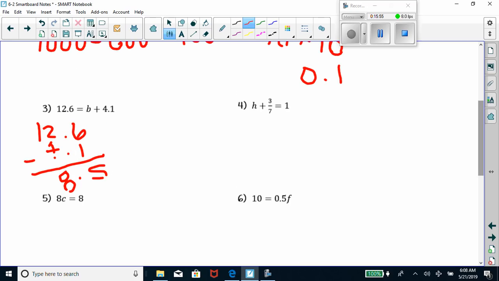Okay. Let's move back up. 4. H plus 3/7 equals 1. So 1 minus 3/7 must equal h if h and 3/7 combined equals 1. So I have to think about 1 minus 3/7.